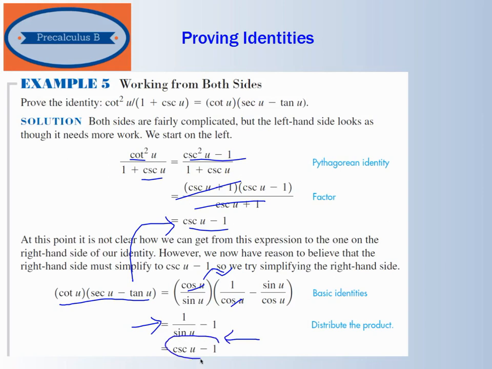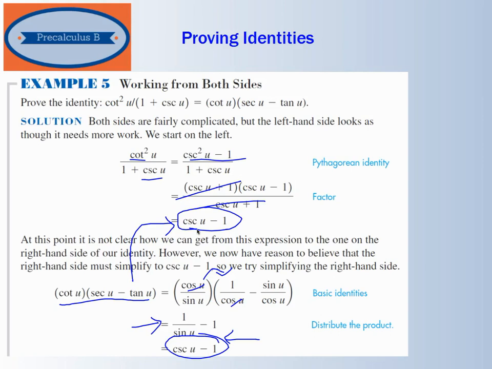So our proof is essentially complete. But we would have never known to go from cosecant u minus 1 to expanding this to 1 over cosine minus sine over cosine all times cosine over sine. It's not something that I would expect anyone to know to do.